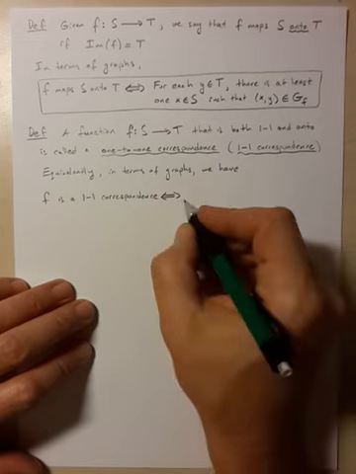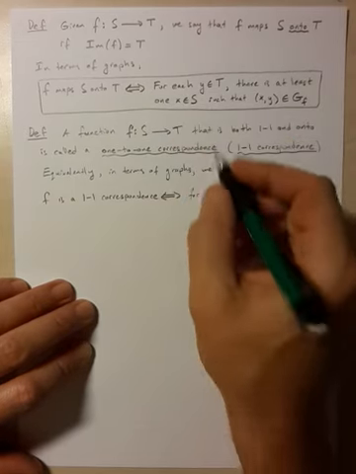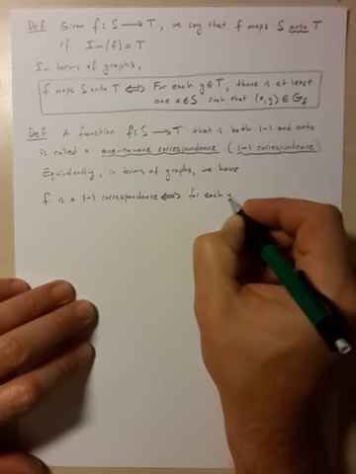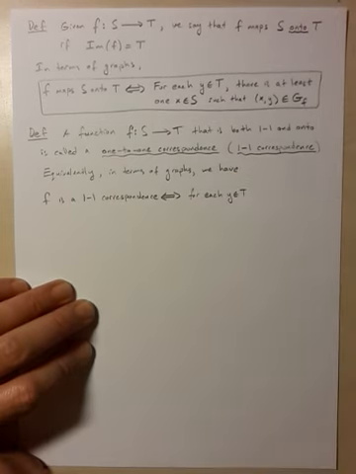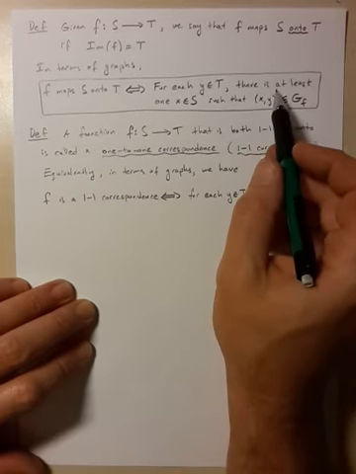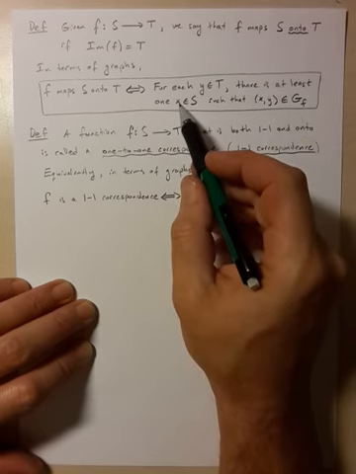For each y in T, like in the previous condition, first of all, for the ontoness, there must exist at least one such x.